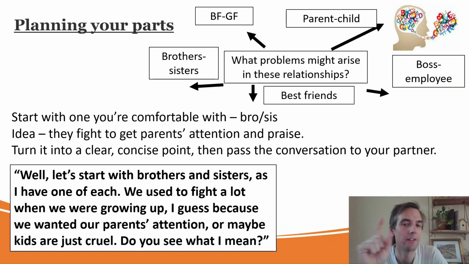How do you continue? Because there's one more important thing I want to say. Imagine I just said that to you, or the other person in the exam just said that to you. What do you say in response? What you don't say is, and what about boyfriend and girlfriend? Maybe you were thinking about boyfriend and girlfriend because you had an idea, and that's understandable. But you need to respond to what they said first.